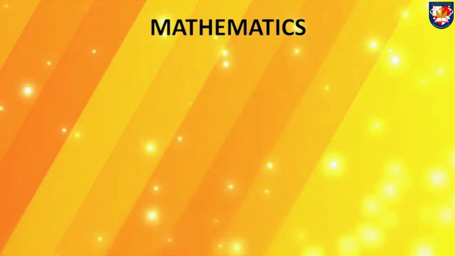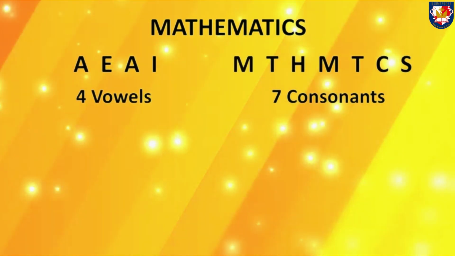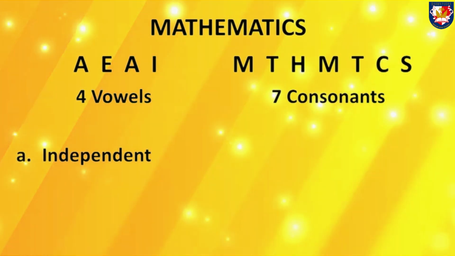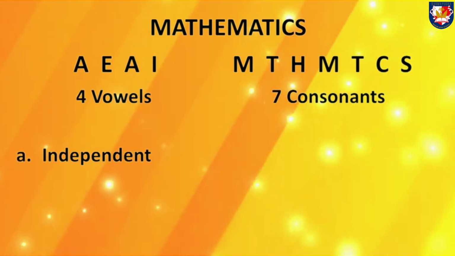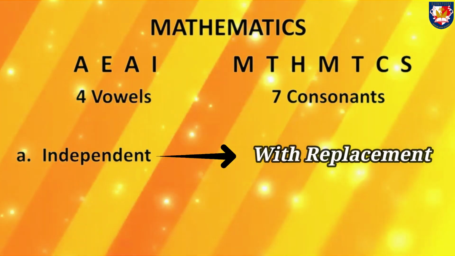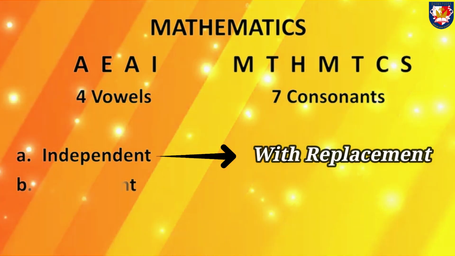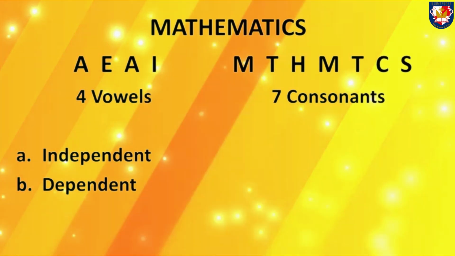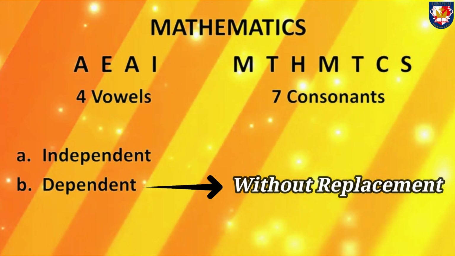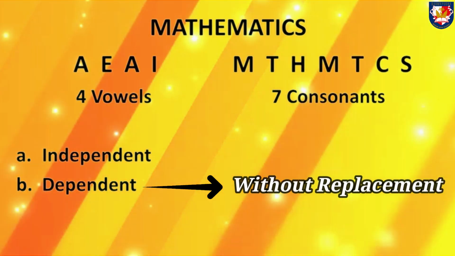In mathematics, as you can see, there are 4 vowels and 7 consonants. A is an independent event, because for independent events the keyword is with replacement. B is a dependent event, because the keyword for dependent events is without replacement.